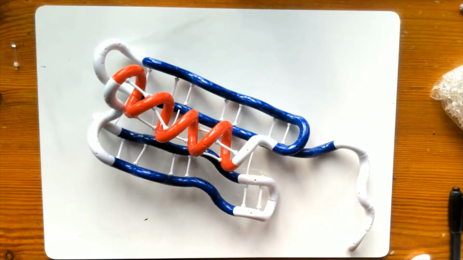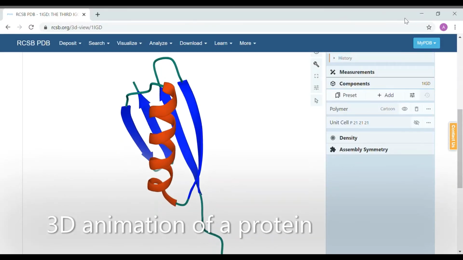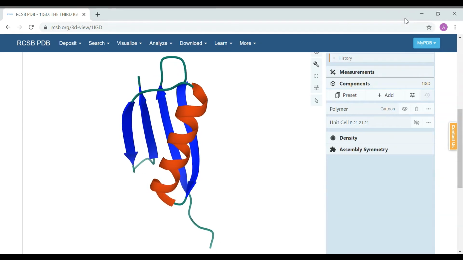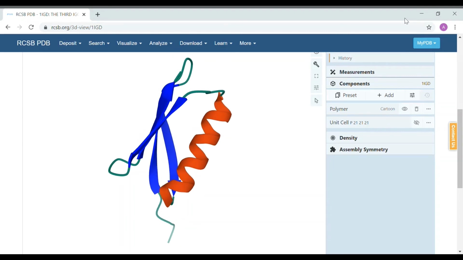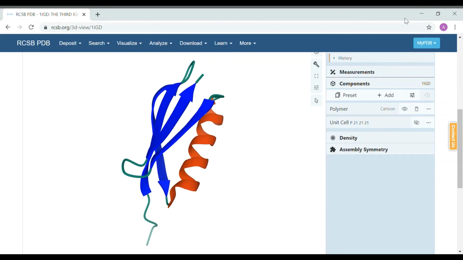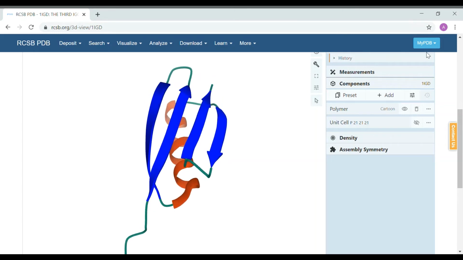So scientists can look at the 3D structure of these proteins in order to study its function and how they work. This is a 3D animation taken from the Protein Database Bank website, in which you can see the 3D structure of the protein.